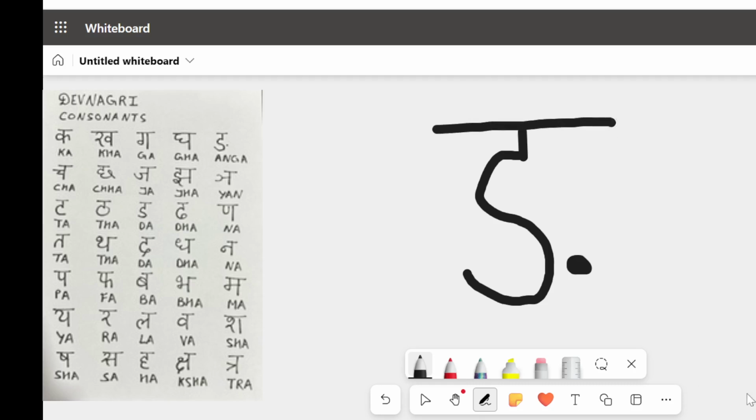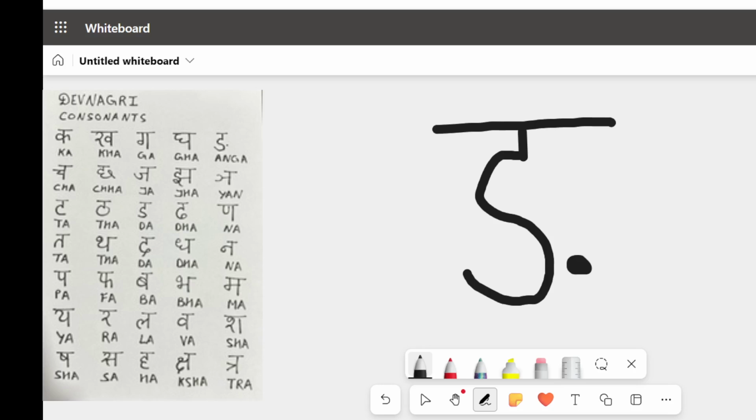This letter is Anga. No aspiration in this particular letter. The A sound is closed mouth. It has a slight nasal sound.